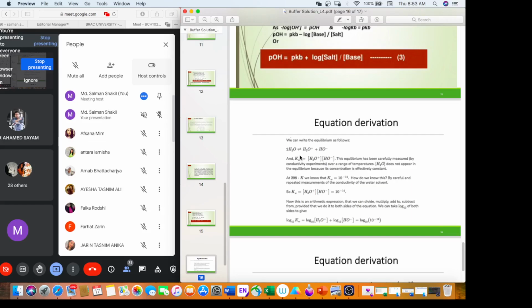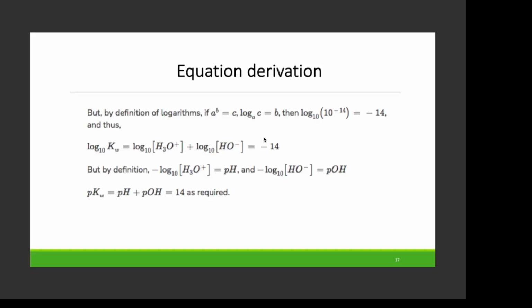Clear? Now if we multiply both sides by negative sign, then it will be minus log hydronium ion minus log OH ion, and minus minus there will be plus 14, right? Clear?